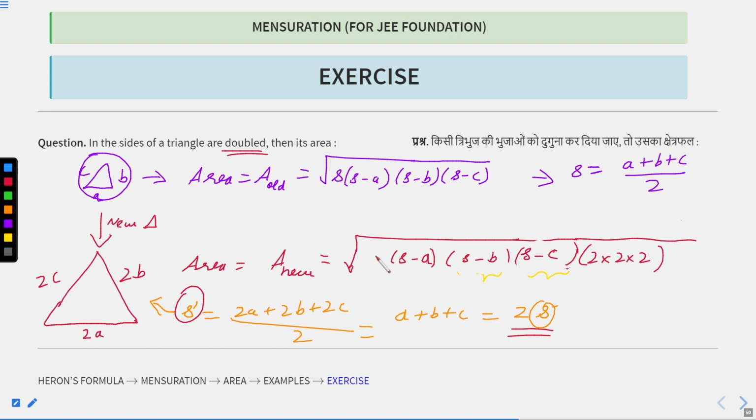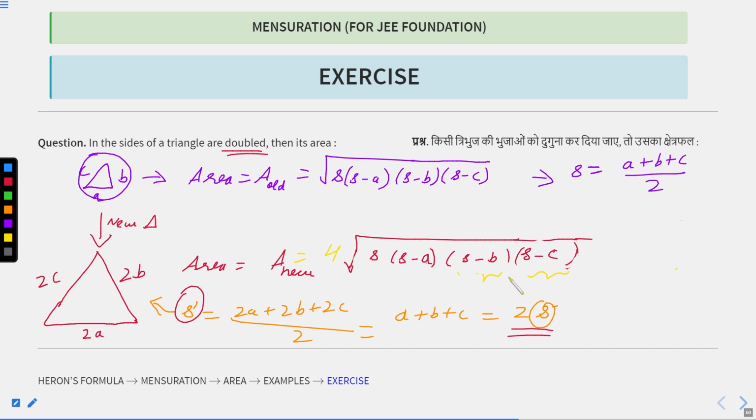Now 2S can be rewritten as 2 times S, so I can rearrange the terms. Now I have 2 pairs of 2 under the root, so one 2 from this term and another 2 from this term can be taken out of the root. So I can rewrite the whole thing like this. It is equal to 2 times 2, which is 4.